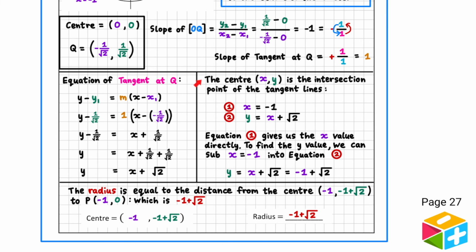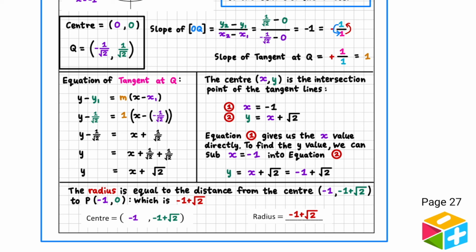Remember, we were told that the centre of S was the intersection of the two tangent lines, the tangent at P and the tangent at Q. We've now found the equation of each of these lines. The equation of the tangent at P was x is equal to minus 1, and the equation of the tangent at Q was y is equal to x plus square root of 2.